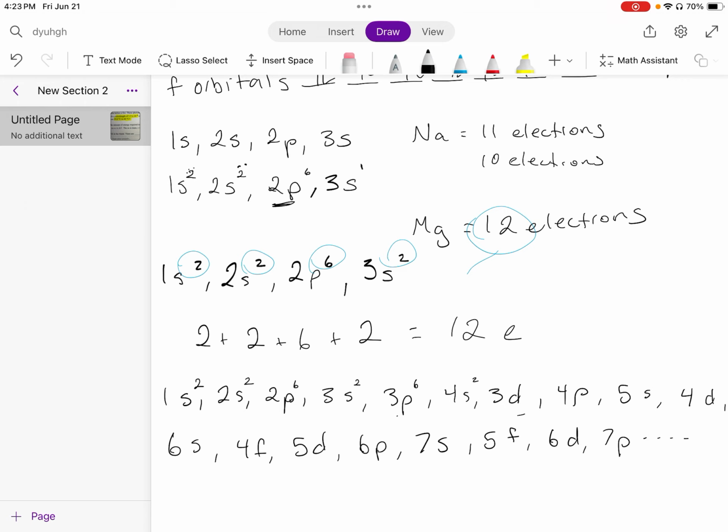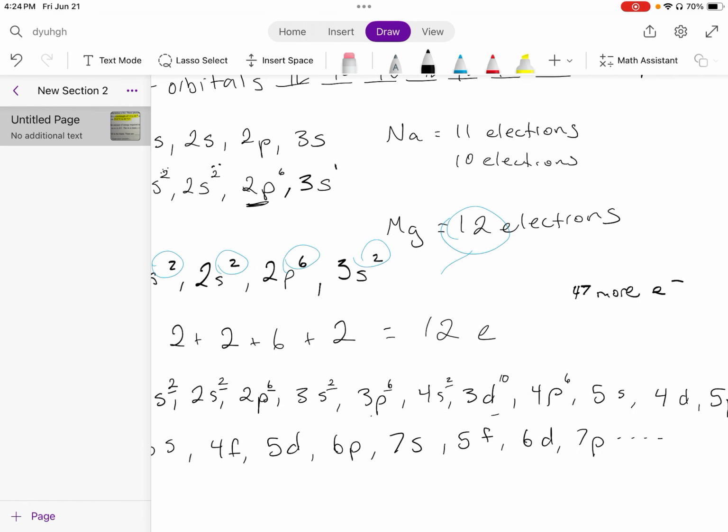So let's check. 2, 4, 10, 12, 18, 20. So yeah, this is going to be full. So now we're at 20 electrons. Oh my gosh, I'm so bad at math. 2, 4, 10, 12, 18, 20, plus 10, 30. So we have 47 more electrons to fill out.